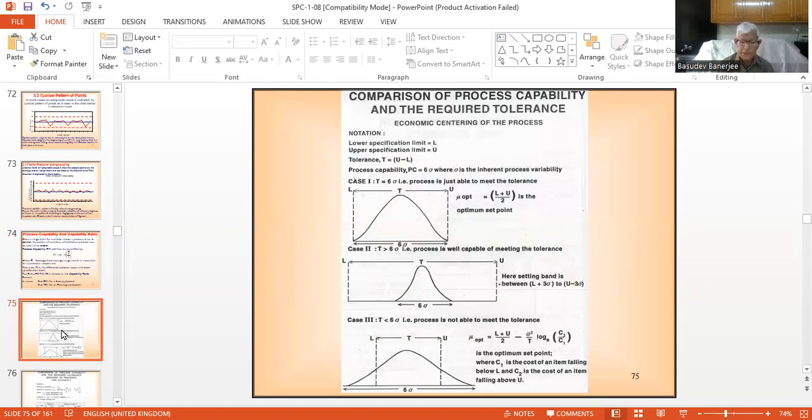So these are the critical. Suppose tolerance is equal to 6 times standard deviation. Then the optimum set point will be L plus U by 2. If it goes to the right side, it will go above U; if it goes to the left side, it will go below L. If tolerance is much higher than the 6 sigma process capability, then you have a much wider window to operate.